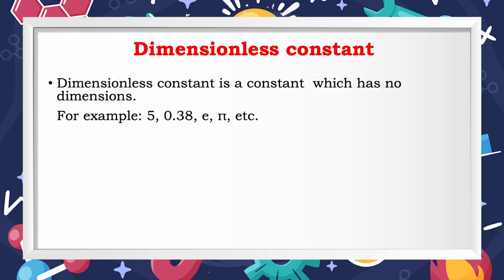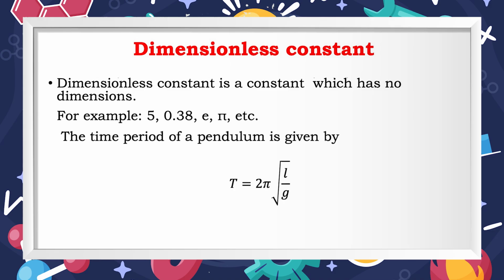For example, 5, 0.38, e, pi, etc. The time period of a pendulum is given by T equals 2 pi under root L upon g. Here 2 pi is a dimensionless constant.